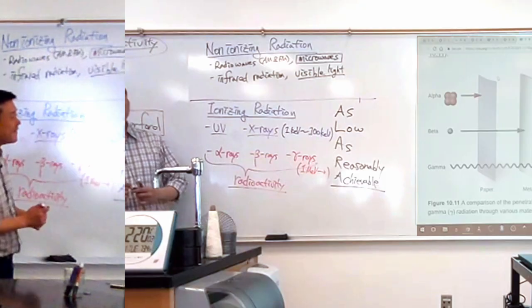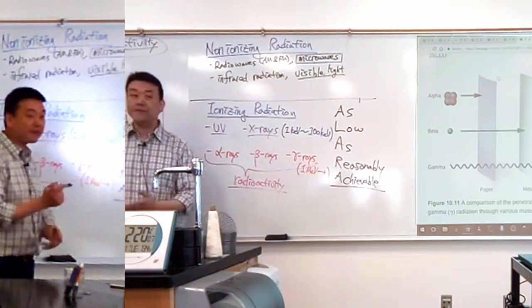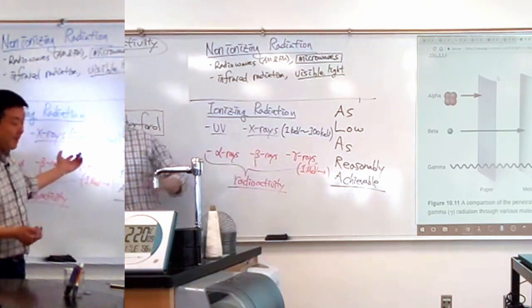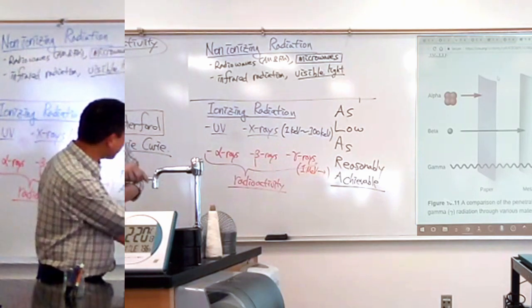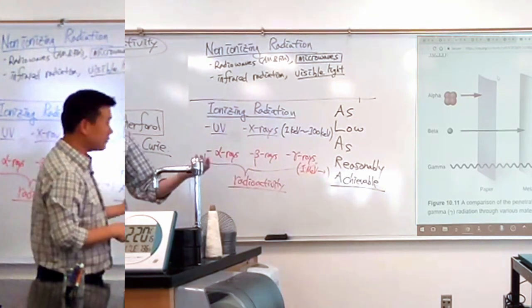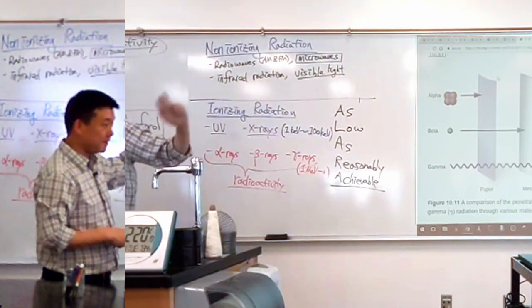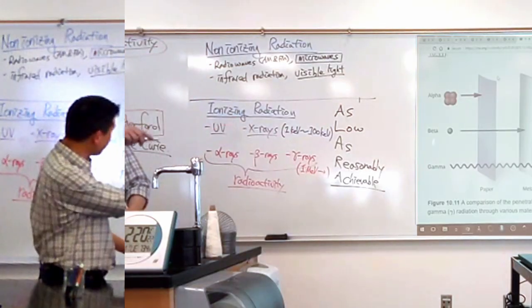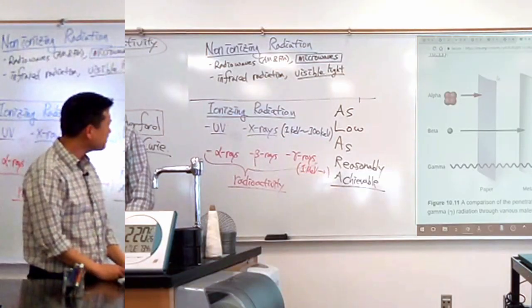So these alpha, beta, and gamma rays were given these names for a reason. And this is the picture that illustrates why they are categorized that way. People here know Greek letters, like you know A, B, C, right? When you learn Greek letters, these are the first three: alpha, beta, gamma, and then delta.